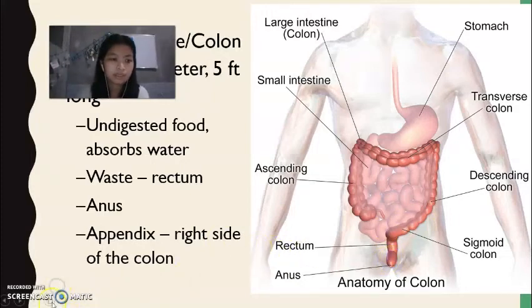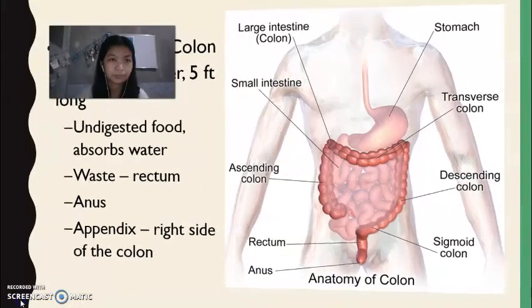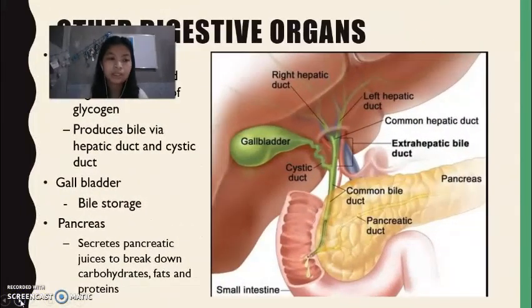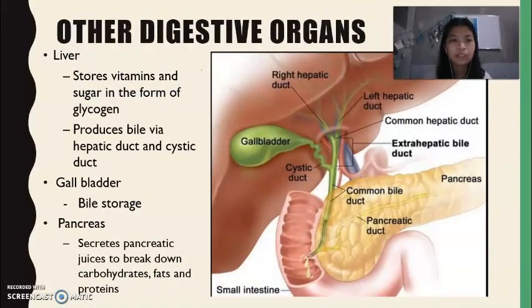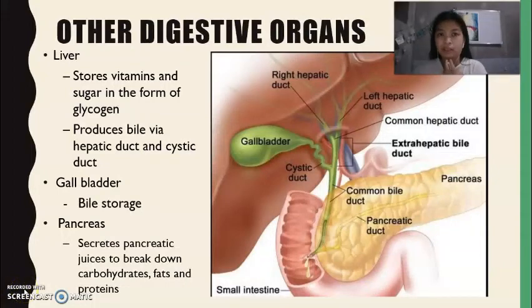Next is the other digestive organs. So, for the other digestive organs, we have the liver, gallbladder, and the pancreas. Okay, so why are they called as other digestive organs or accessory organs?